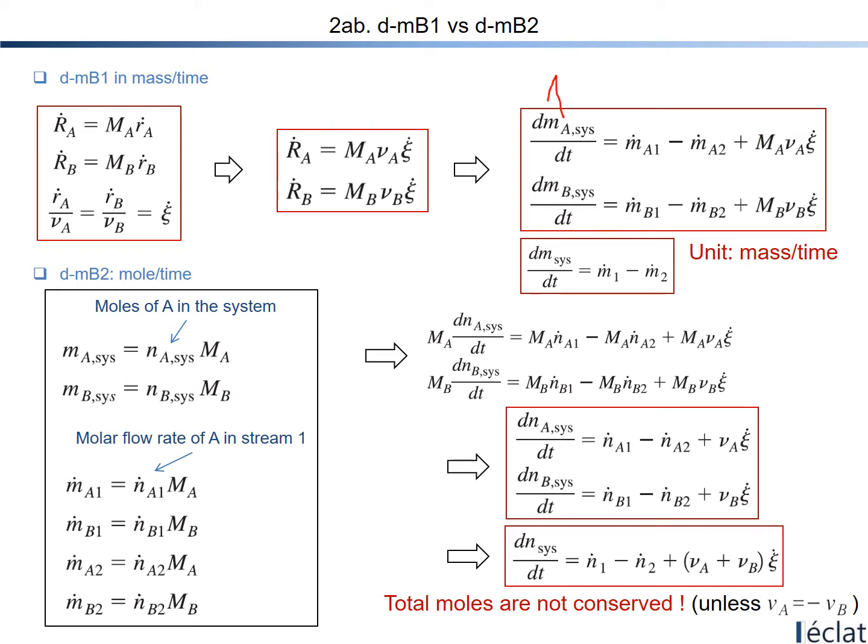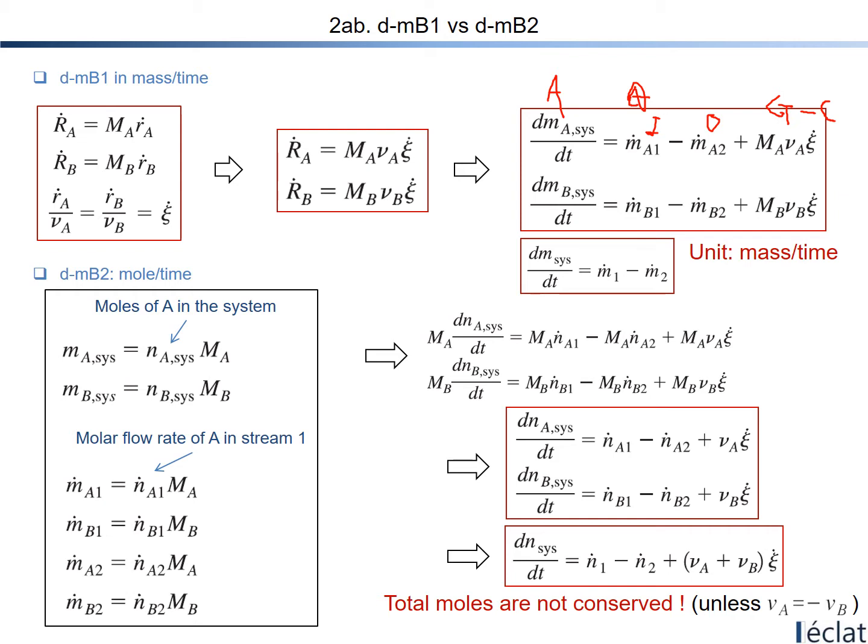This is the accumulation term. This is the input term. This is the output, and this is the generation minus consumption term. This is the mass version of the material balance equation.